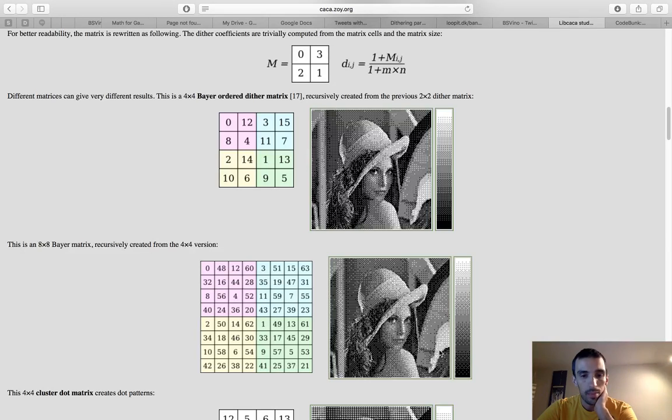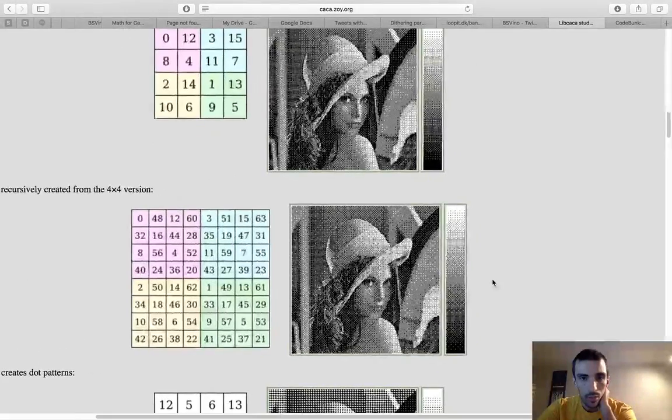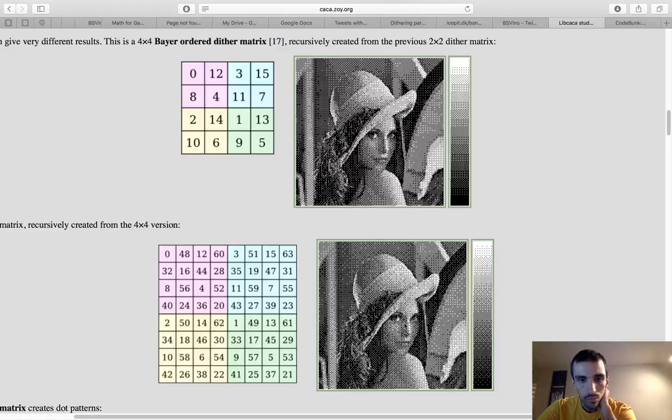Here's an 8x8 Bayer matrix, and you can see some patterns right here. Here's a 4x4 Bayer matrix. You could definitely see a bunch of patterns. This is an interesting two images because you can compare the difference between the 4x4 and the 8x8.